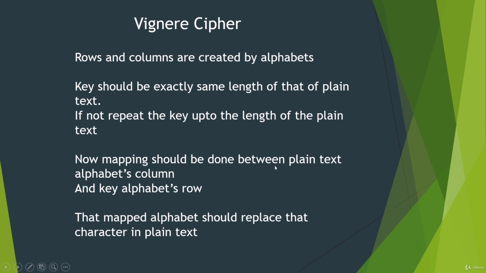And now mapping should be done between the plain text alphabet's column and the key alphabet's row. So you take each alphabet of plain text, consider the column of that letter and the key alphabet's row, and after the mapping you get one value, and that value is the ciphertext.